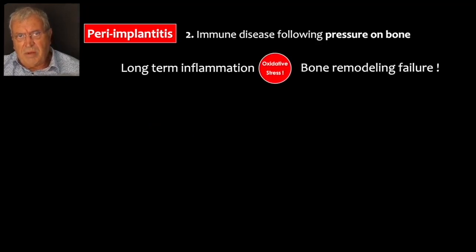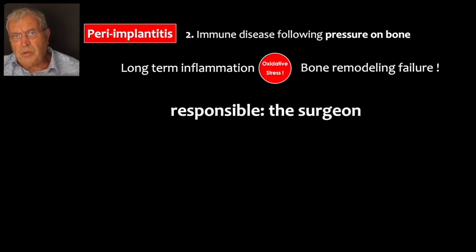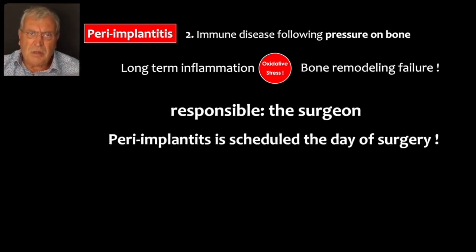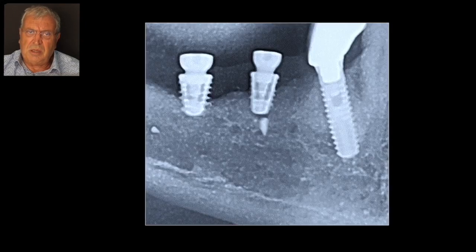We have the immune disease following pressure on bone, and we know that it will induce remodeling failure. Who is responsible? The surgeon. Periimplantitis is scheduled the day of the surgery.